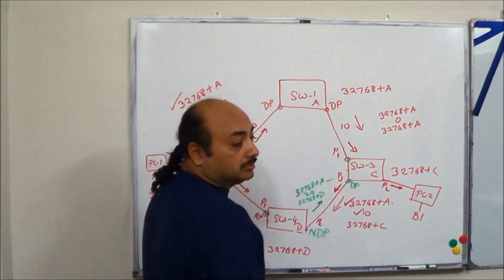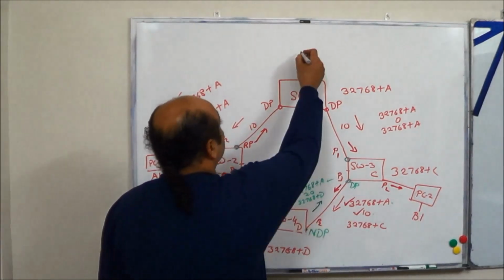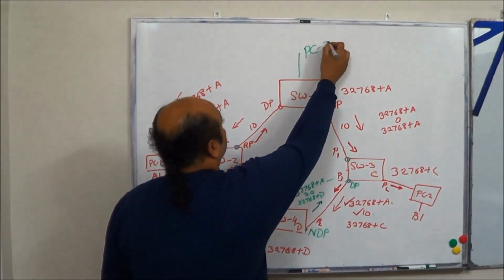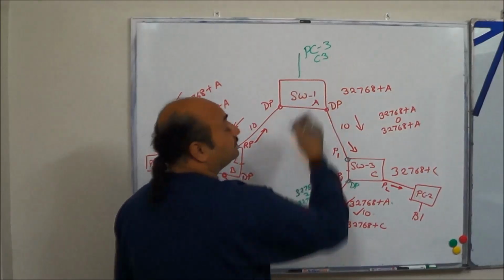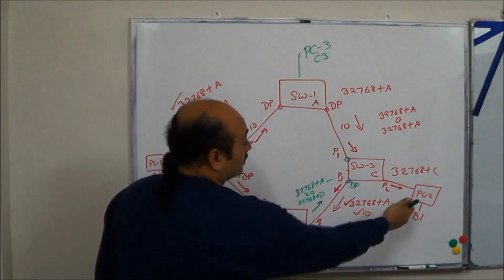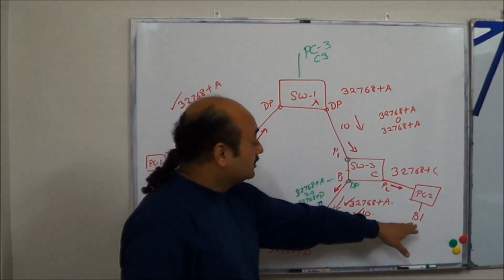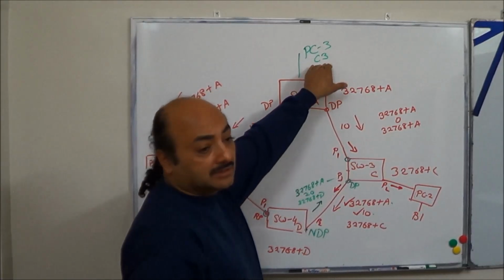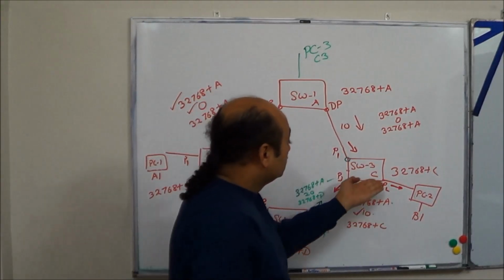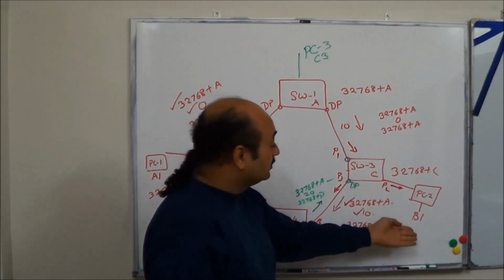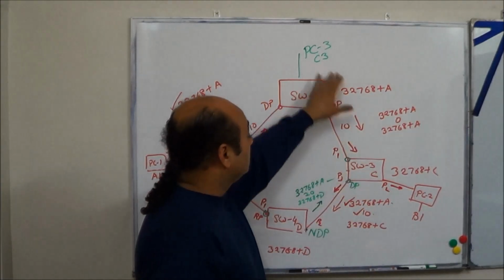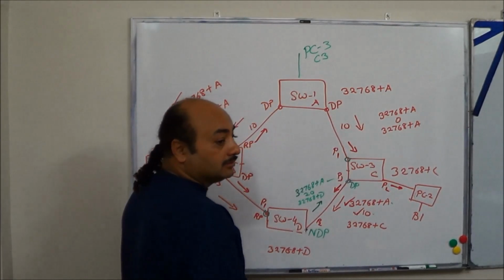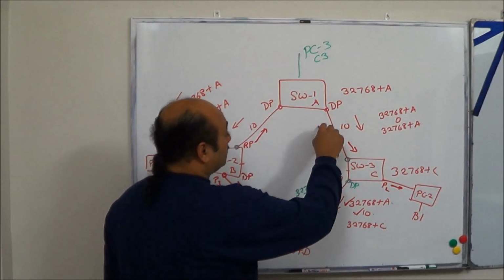Imagine PC2 trying to send something to PC3, having MAC address C3. What will happen? PC2 will send a source MAC address B1 and destination MAC C3. Learnt at port P2 what? B1. Destination C3 is not in the MAC table. It will get flooded here and here.